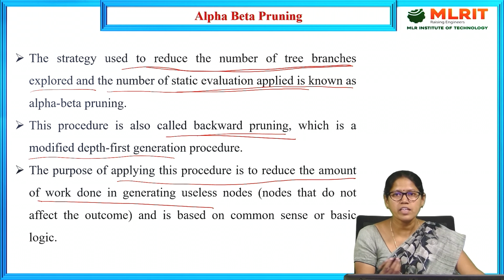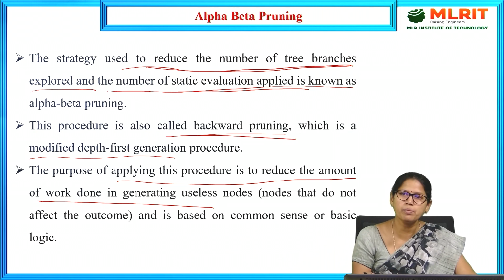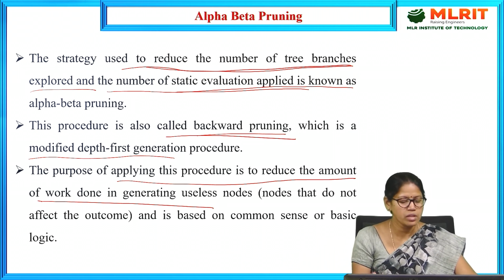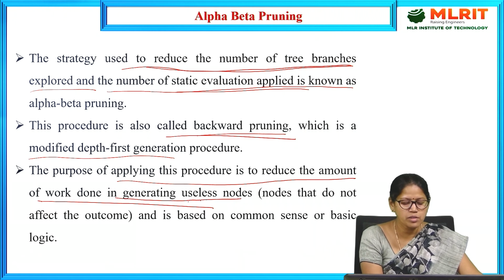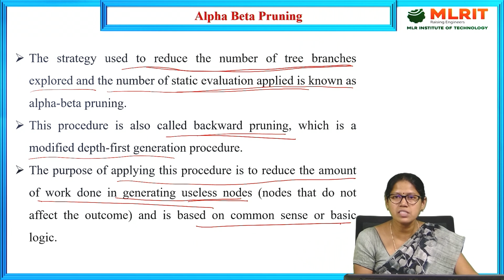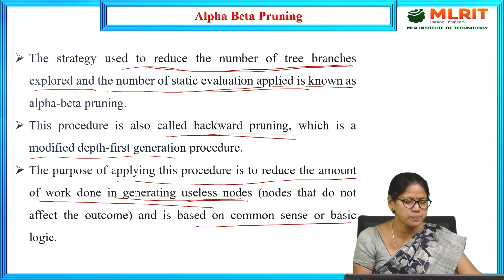Branches that won't affect the final outcome are pruned. It is based on common sense and basic logic, as we'll see in the example.